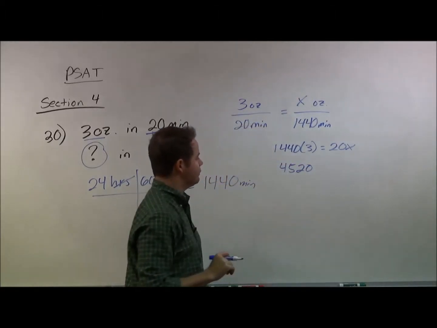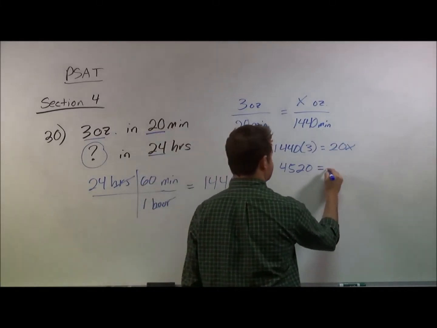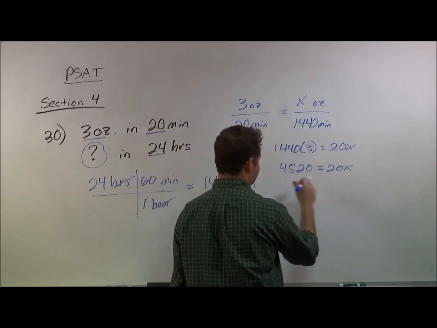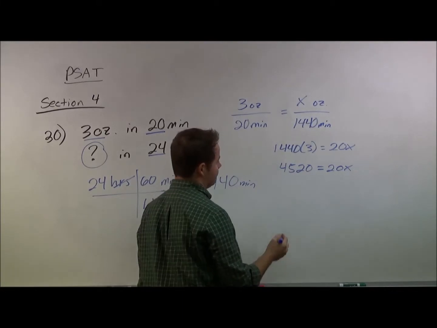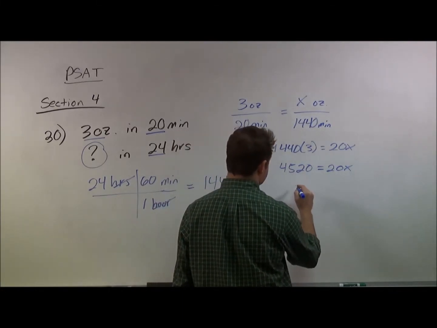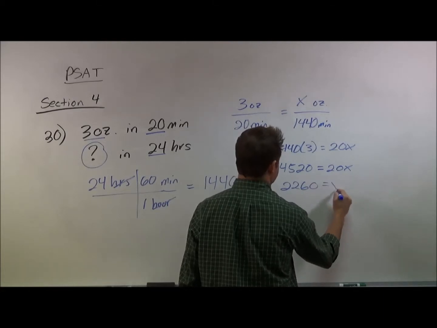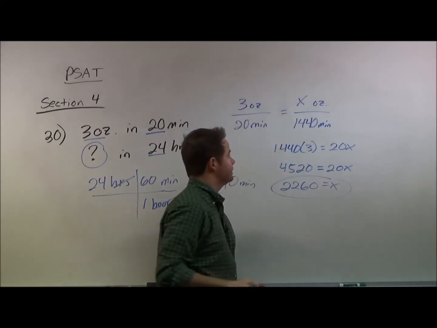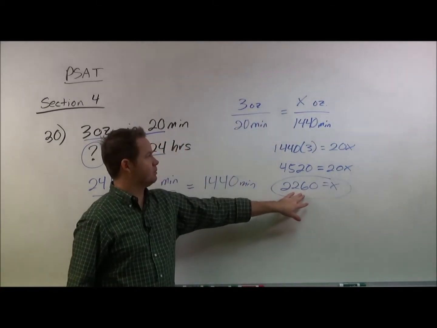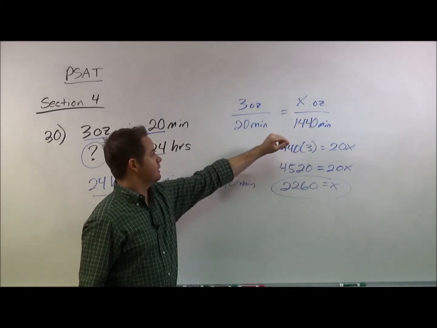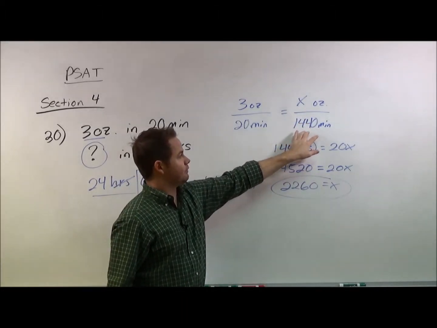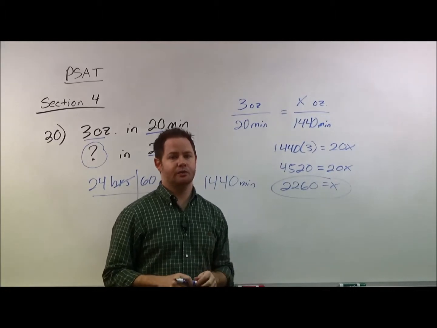It'll be 4520 for that is equal to 20x. And then when we divide, we should get 2260 for x. And that will be the number of ounces that could be produced in 1,440 minutes or 24 hours.